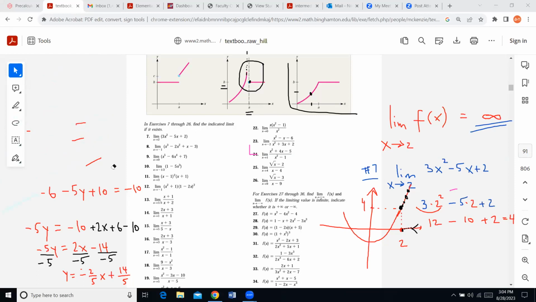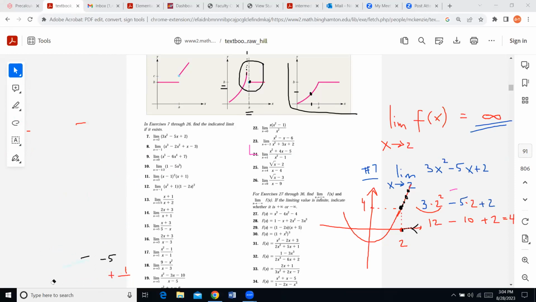So it looks like in all exercises here that start at 7 and continue in the first column up to exercise number 14, there are no issues, because these functions are not going to have any problems if you plug in the numbers.